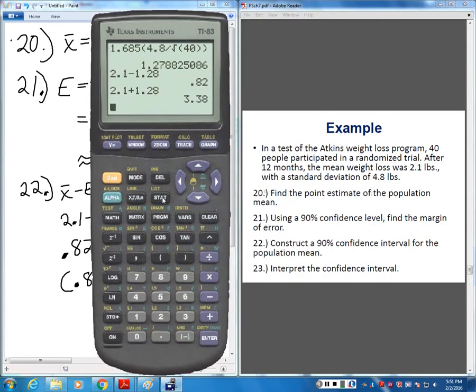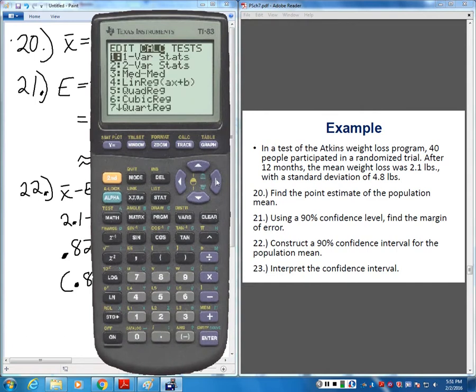Here's how. I go to Stat, and then I use the right arrow to go to Test, and I'll go to T interval. It's number 8 for me, T interval. So now that's a confidence interval using the T distribution. Once I'm there, I can select either data or stats.